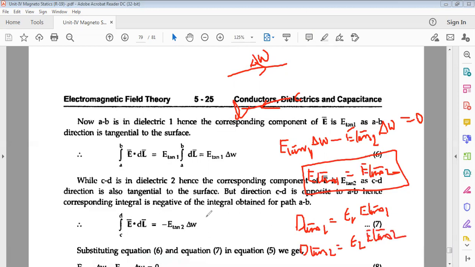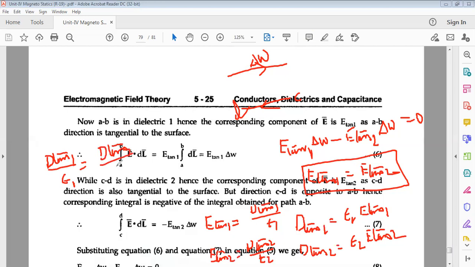E tan 1 is equal to D tan 1 by epsilon 1, and E tan 2 is equal to D tan 2 by epsilon 2. Now we got E tan 1 is equal to E tan 2, so equate these two: D tan 1 by epsilon 1 is equal to D tan 2 by epsilon 2.